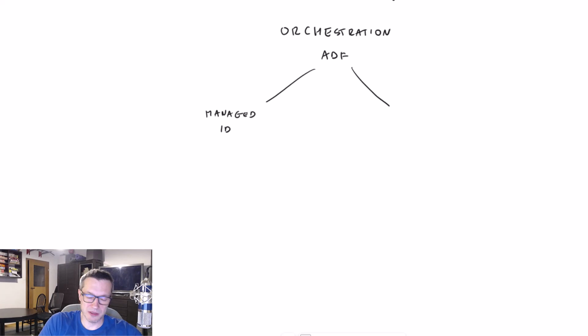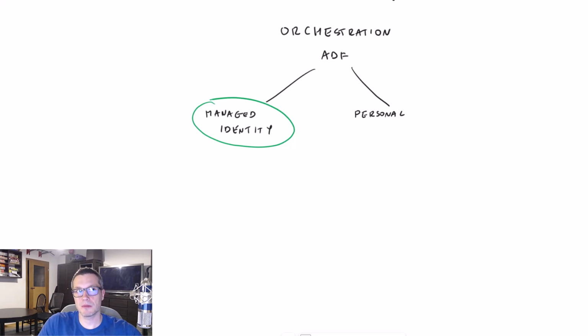And you already know that this is my preferred way of authentication. Let me use this green circle. Or you can use this personal access token that authenticates the process as someone. That's not recommended. Personal access token.